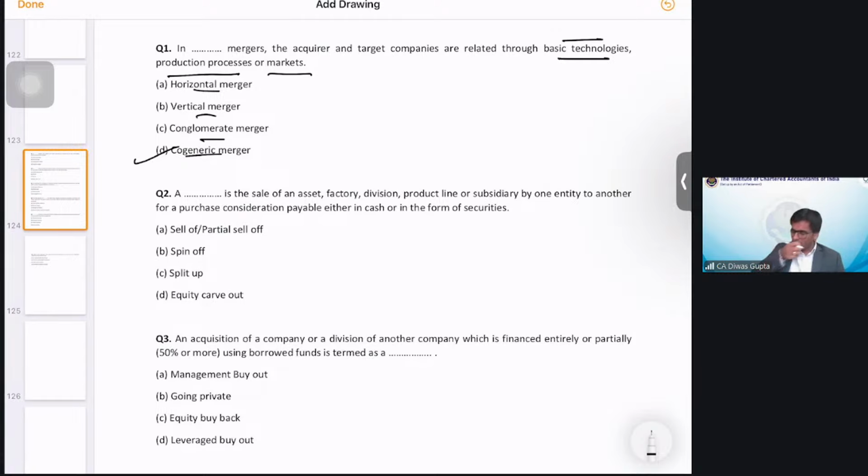A dash is the sale of an asset, factory, division, product line, or subsidiary by one entity to another for purchase consideration payable either in cash or in the form of securities. Sell off, partial sell off, spin off, split up, equity carve out. Come on, students.